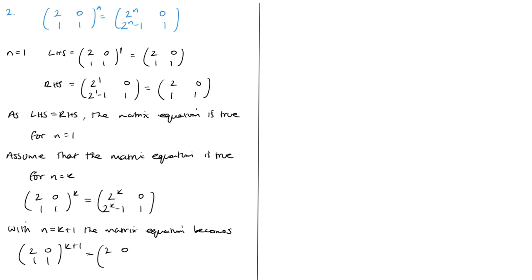So that's 2, 0, 1, 1 to the power k times 2, 0, 1, 1 to the power 1. Now substituting in, we have 2 to the k, 0, 2 to the k minus 1, 1, and that is multiplied by 2, 0, 1, 1.